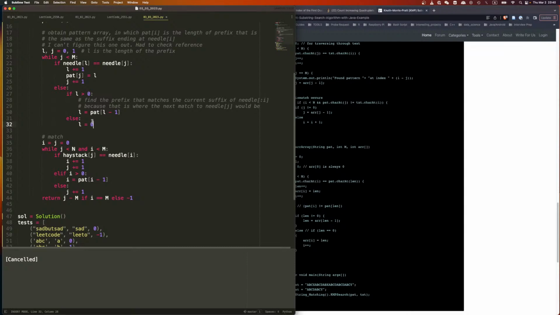Oh, length is already 0. So we mismatch, right? Mismatch, and the length is already 0, and now we have a mismatch. Then we just say J plus equal 1.